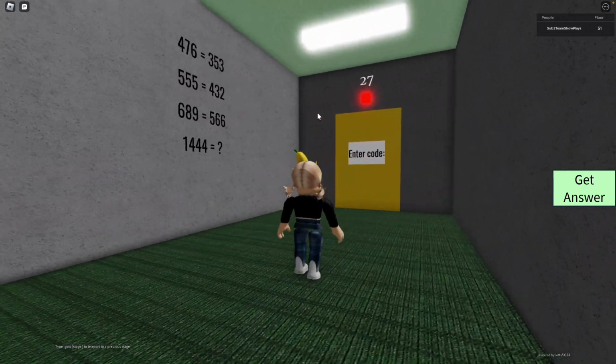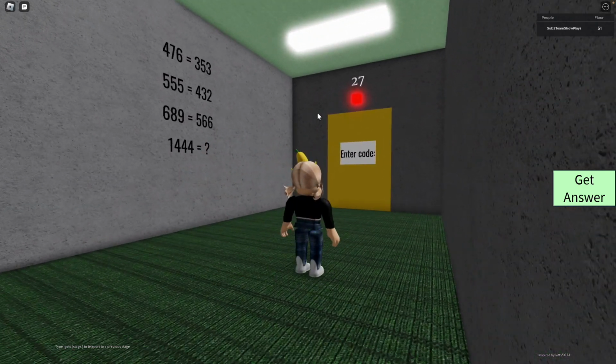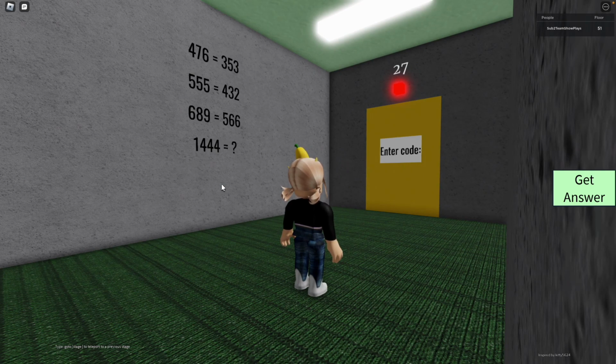And for number 27, the way that we were able to come up with what 144 equals is by using addition. So the way that I was able to do that was I'll give you the example using the 566 and the 689. So in order to do this, I was able to kind of go backwards, and I was able to do 144 minus 689 equals 755.